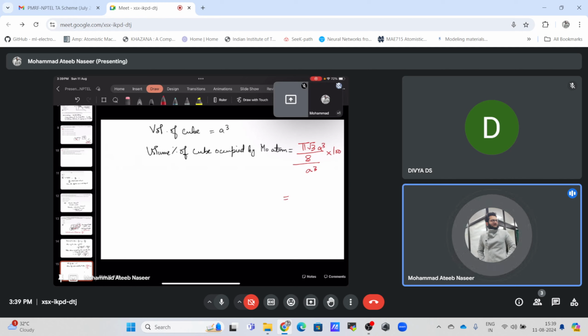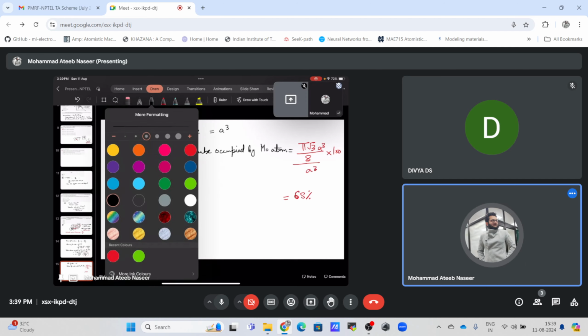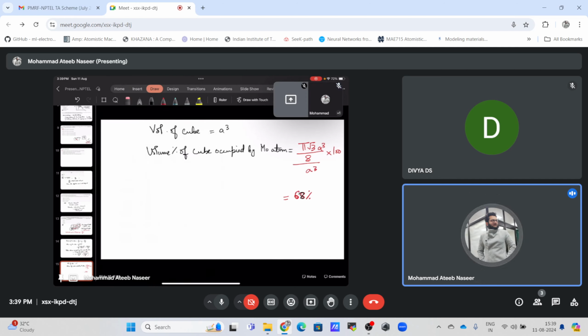So let's solve for this. It is pi times root 3 divided by 8. So it comes out to be equal to 68%.